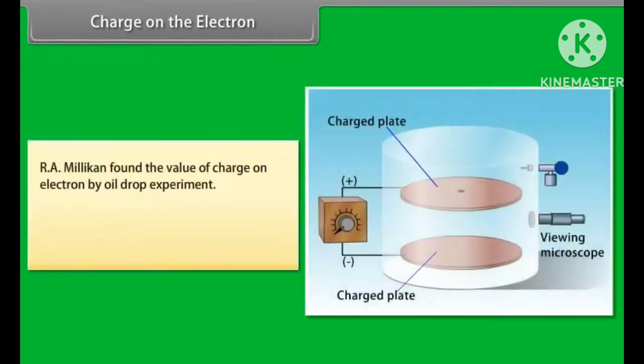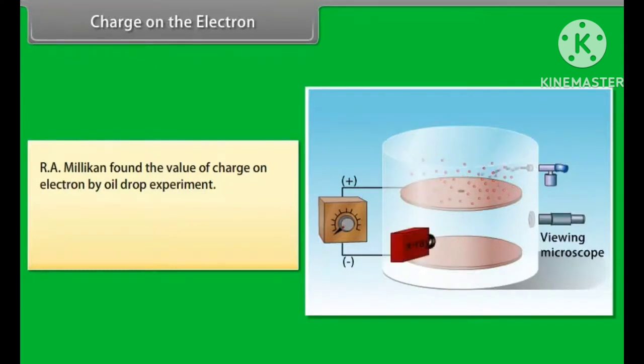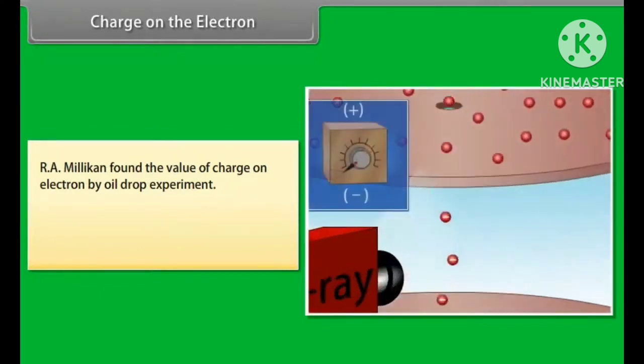Charge on the electron. R. A. Millikan found the value of the charge on the electron by the oil drop experiment. The oil droplets enter the apparatus through a small hole and are allowed to fall in between two charged plates. The motion of the droplets is observed with a microscope. The space between the charged plates is irradiated with X-rays.